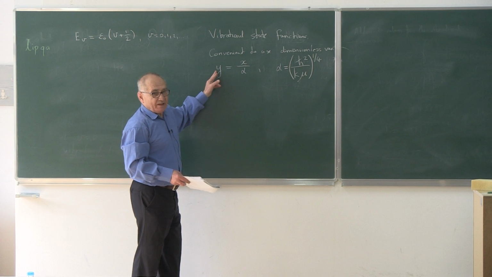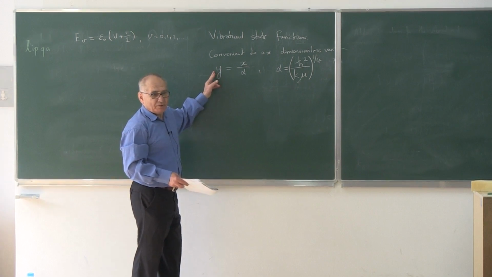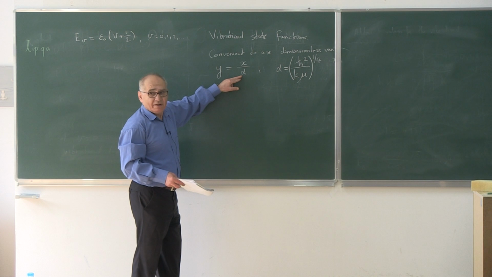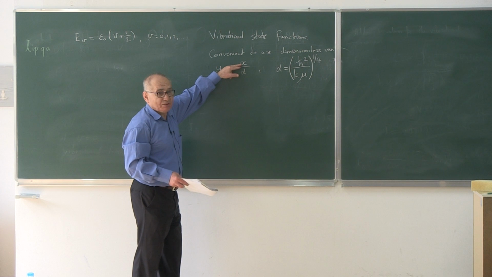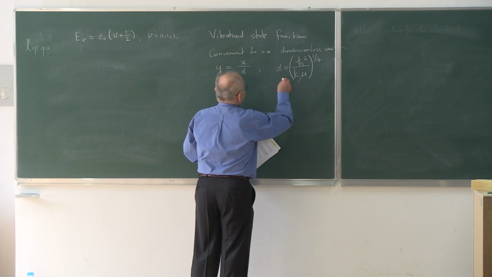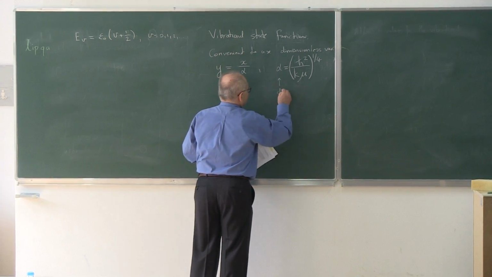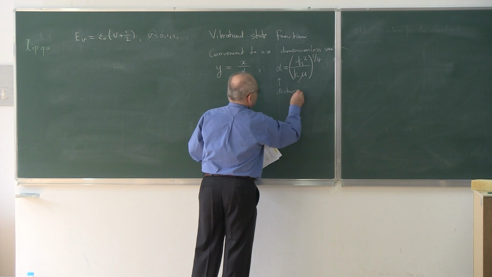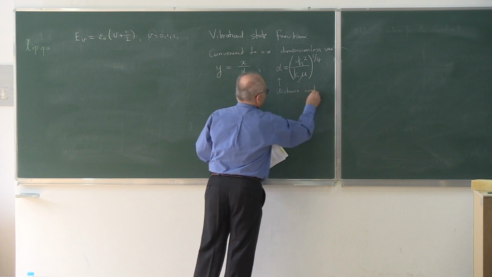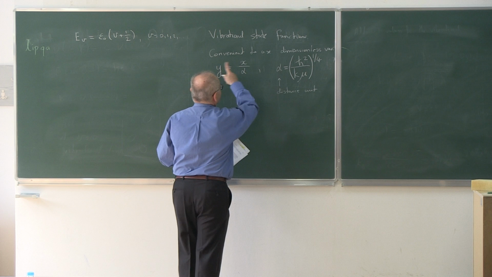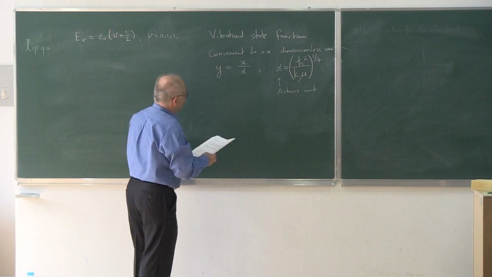If y, as I claim here, has no unit, that means the alpha parameter should also have the same distance unit as x. So this is distance unit here, and y is dimensionless.